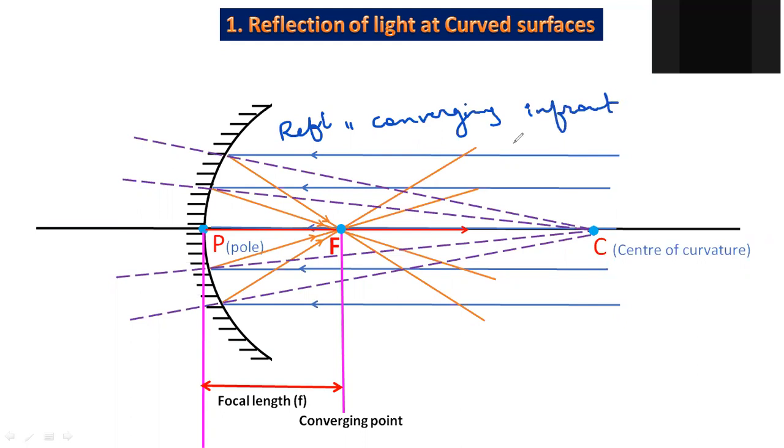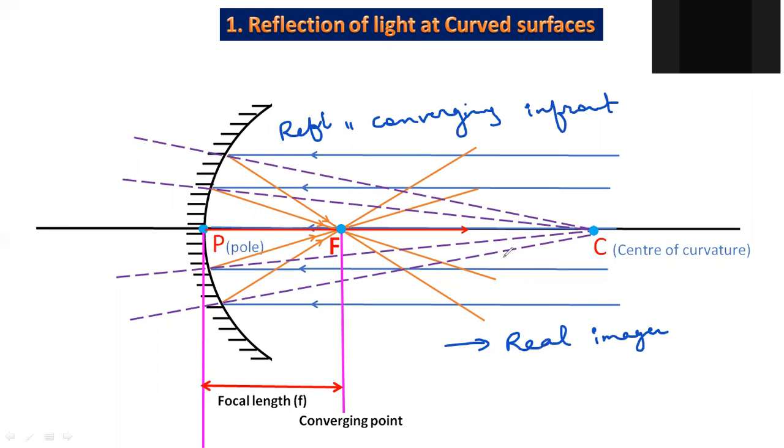So if you get a meeting point, a converging point, after reflection in front of the mirror, that will give you a real image. If any image is formed by the actual rays converging at a point, that will give you a real image.